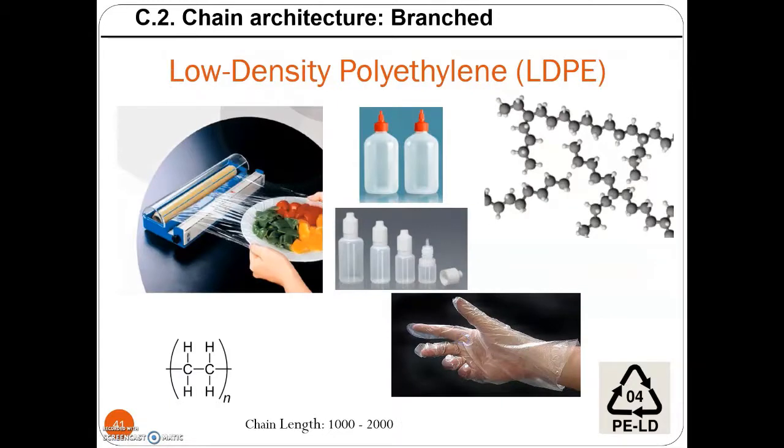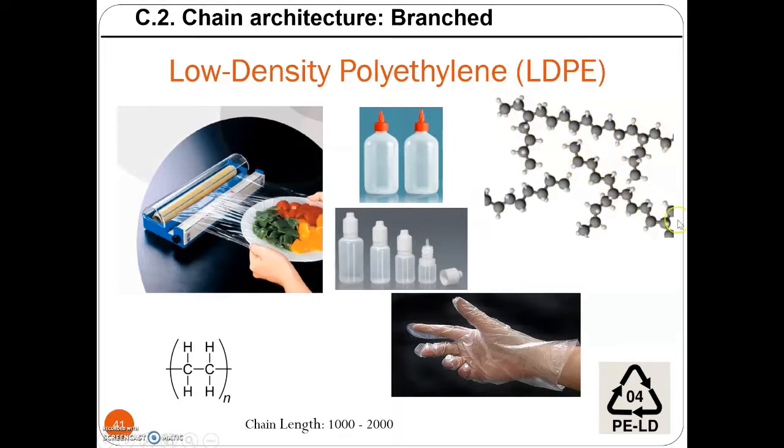Now, if you consider the second category of polymers classified according to their architecture, we have the branched polymers. And here we talk about low density polymers, for example, low density polyethylene. Because if you look here, we have the backbone chain and we have the branches.